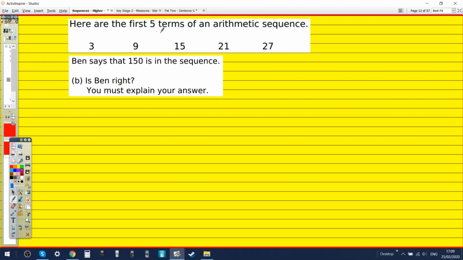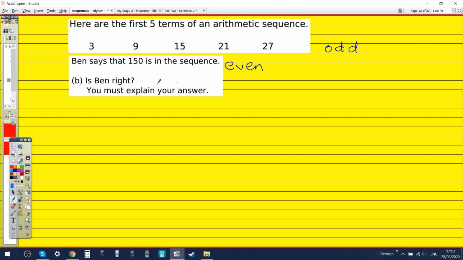What does every number in the sequence have in common? They're in the 3 times table. Yeah. Anything else? It's even simpler. What type of numbers are they? Odd. What type of number is 150? It is even.